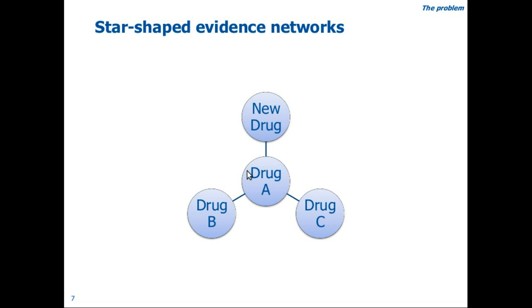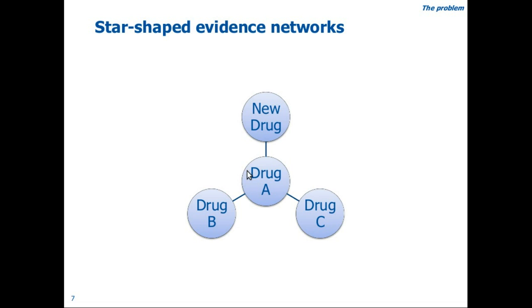Now we could just do another trial of new drug versus drug B. The problem with that is twofold really. First of all, it's incredibly expensive and difficult to do a new trial, and there are some ethical issues associated with that. So if you have evidence which tells you your drug is not effective, you should not be exposing new patients to it.